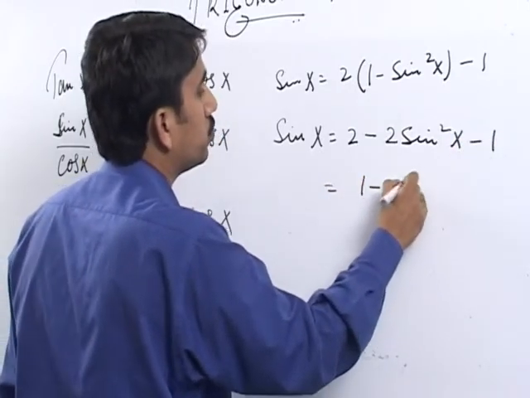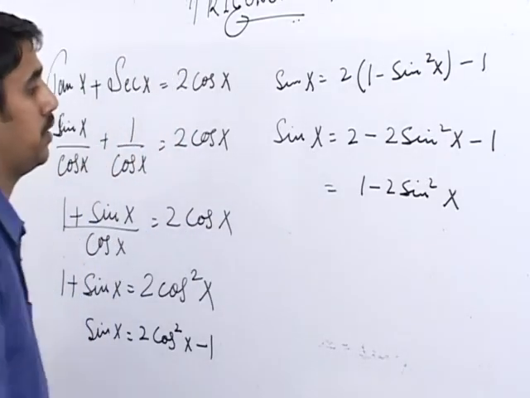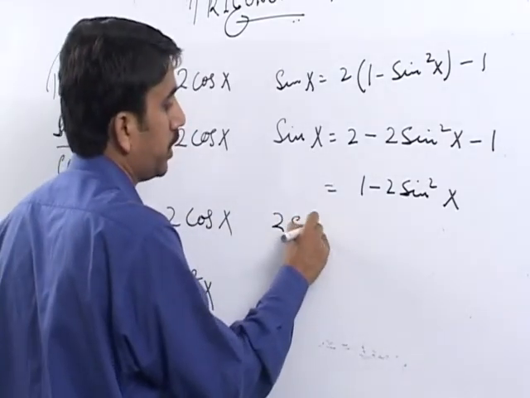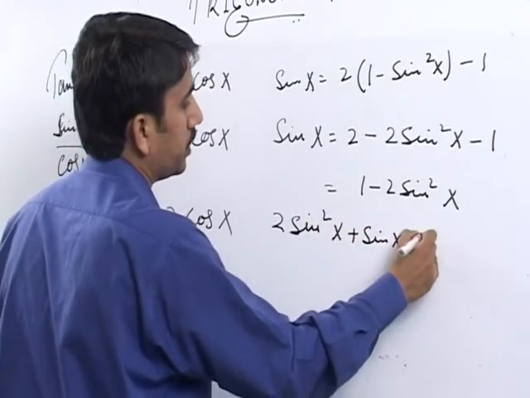This will be 1 minus 2 sin square x, and this will become 2 sin square x plus sin x minus 1 is equal to 0.